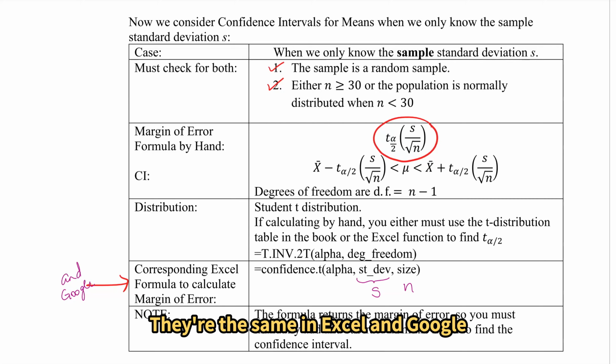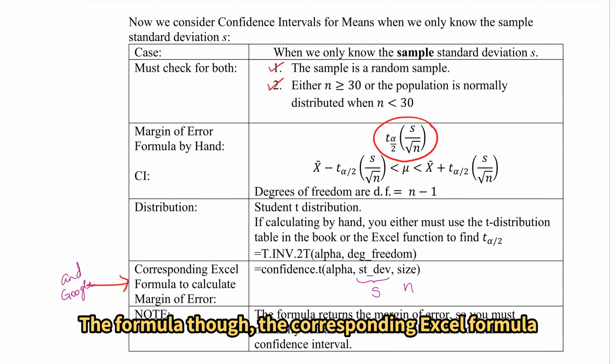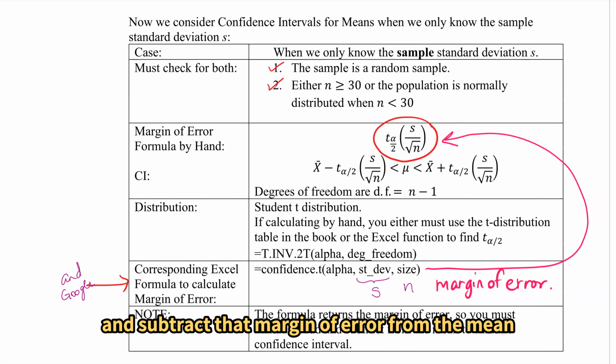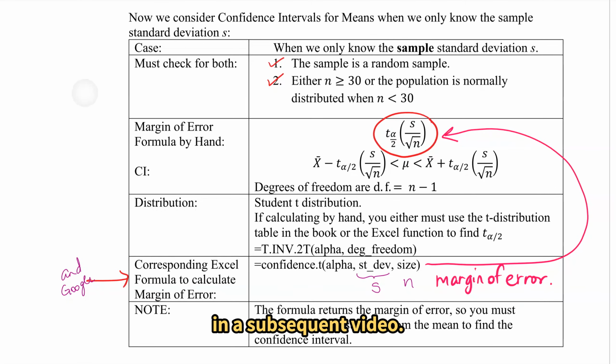They are the same in Excel and Google, which is awesome so far. Everything's pretty consistent. The corresponding Excel formula returns the margin of error. So we have to manually add and subtract that margin of error from the mean in order to find our confidence interval. And we'll see that in a subsequent video.